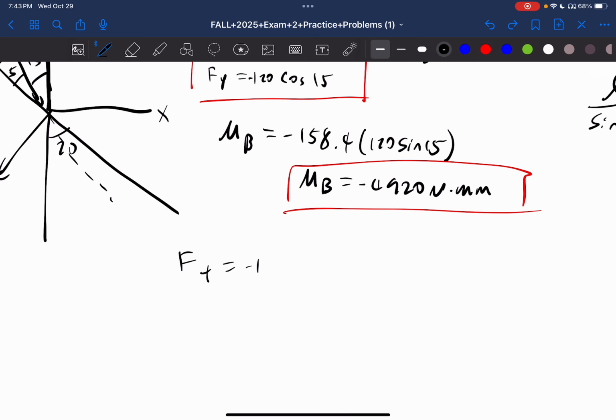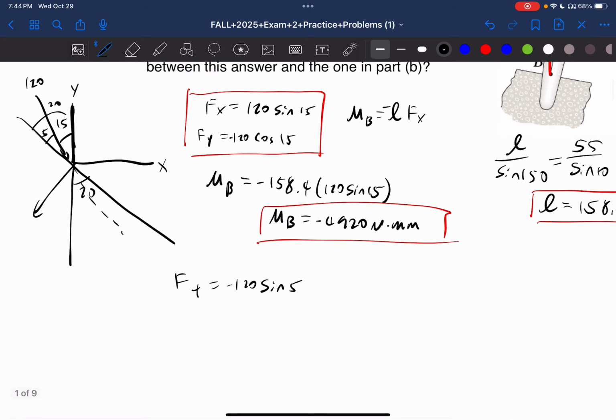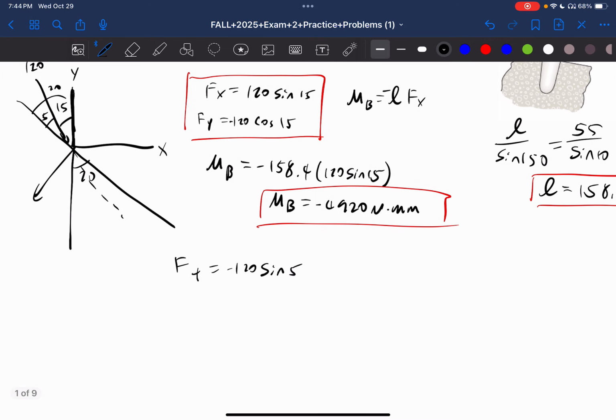It's going to be 120 times sine 5. Let me see if that's right. Yeah, I think that's right. Tangential, along with that. And then the force normal is going to be equal to negative 120 cosine 5.